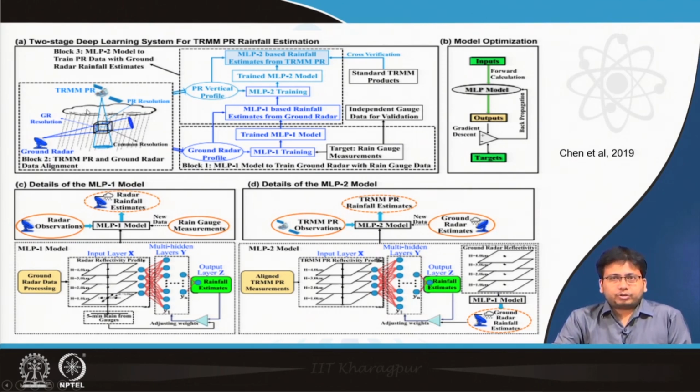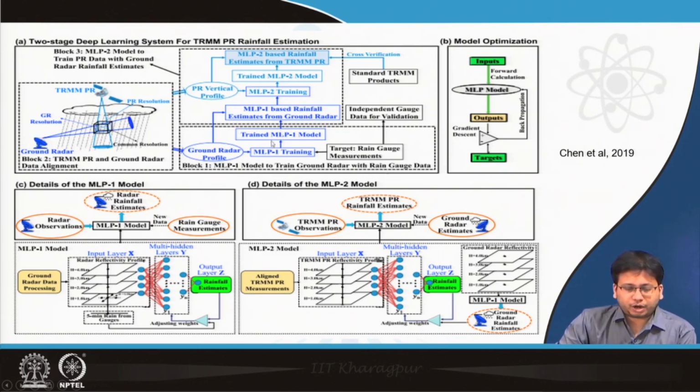So they plan to train these neural networks in those regions where both are present, so that they learn a mapping of how radar observations can be mapped to rainfall quantities. Once they have learned that relation, the same relation can be deployed elsewhere, where they have radar-based measurements but no ground-based measurements.